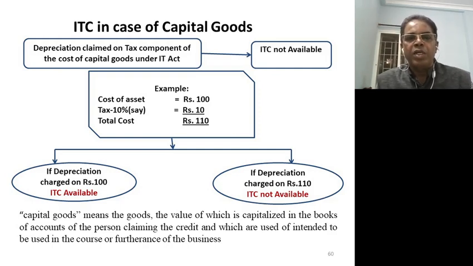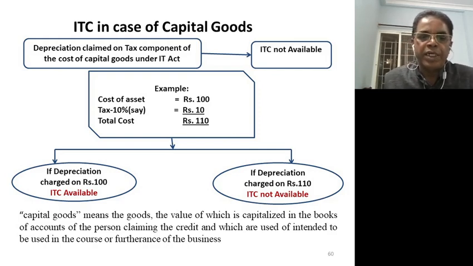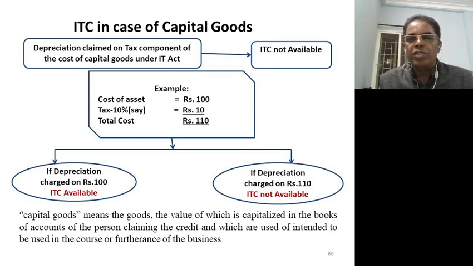For example, cost of the asset is 100. Tax of 10%, assumed for easy calculation, is 10. Total is 110. If the depreciation is charged on rupees 100, ITC is available. If depreciation is charged on rupees 110, ITC is not available.